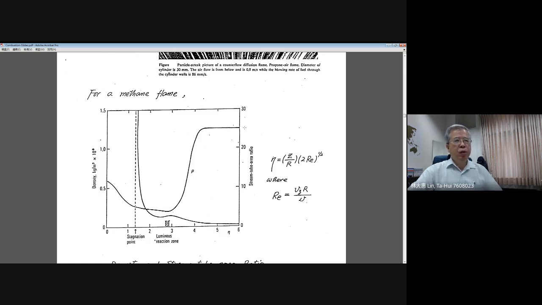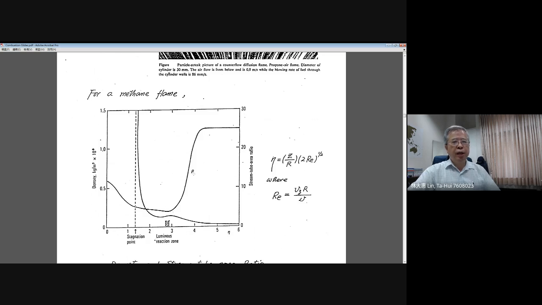But when you start to move from the lower flow with the air, you can see the density almost does not change until you are very close to the diffusion flame. The density drops down. Why does the density drop down? This is caused by the temperature increase.